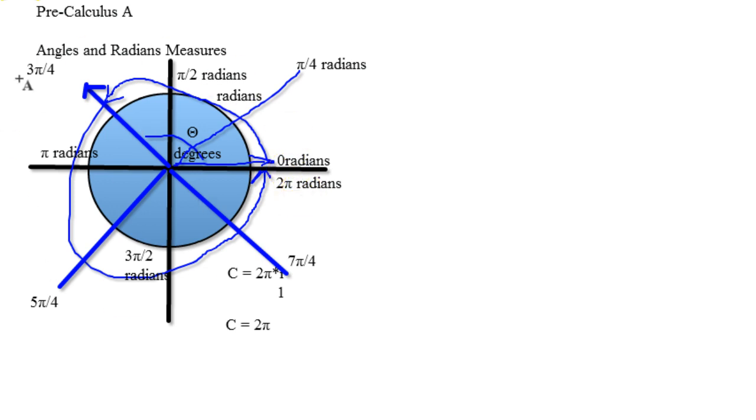So as you can see, I can break it down that way. I can also break this down into sixths and thirds, so I've got pi sixths and pi thirds, and that will continue around.